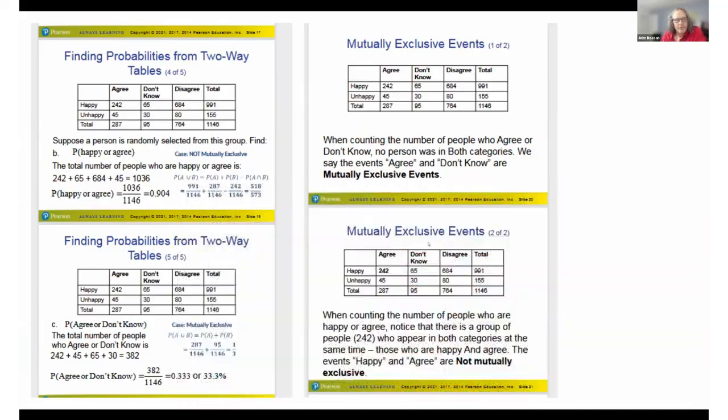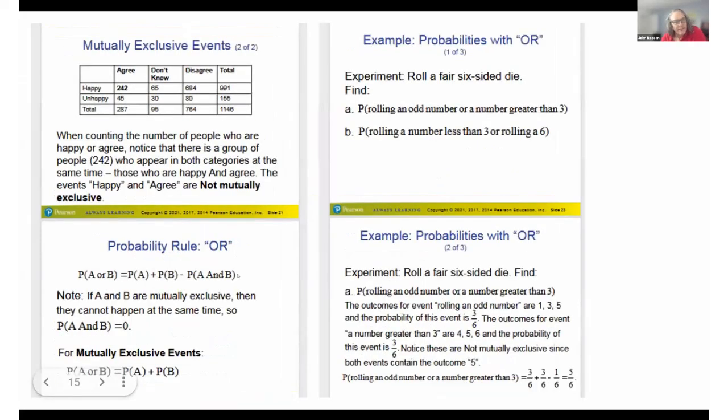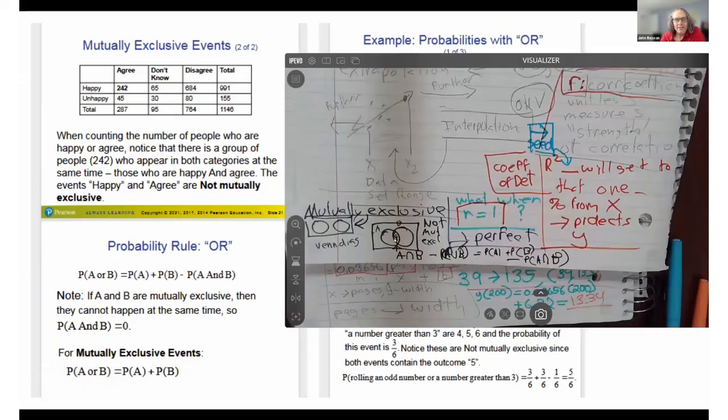Any questions on mutually exclusive? We did two-way tables before, way back in week 1 activity 2-1, and also in the week 1 assignments. Here's your probability of the OR rule, the thing I just put out there. You subtract the part in the middle, which is A and B, right?